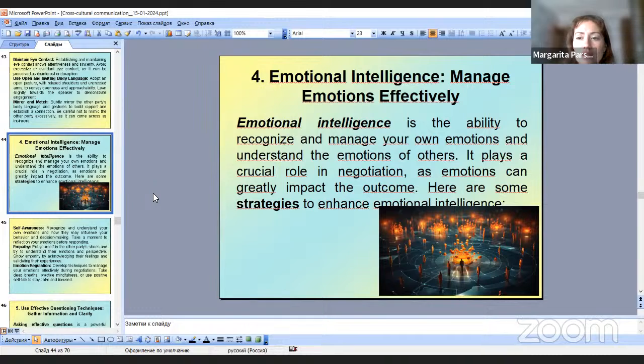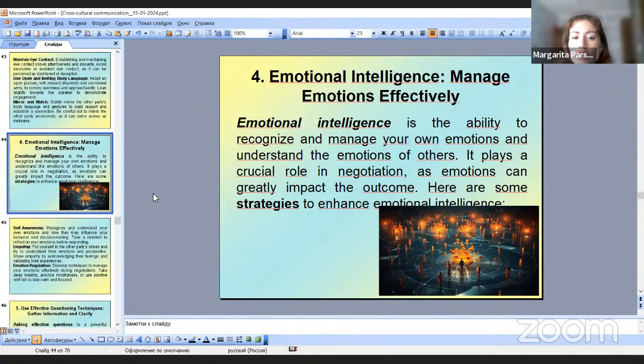These tips for good communication are just being lightened up in different words and terms. So the whole point is one, and the essence of this communication process is one. And emotional intelligence plays a crucial role in negotiations.